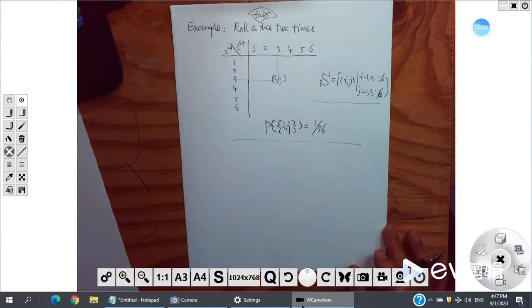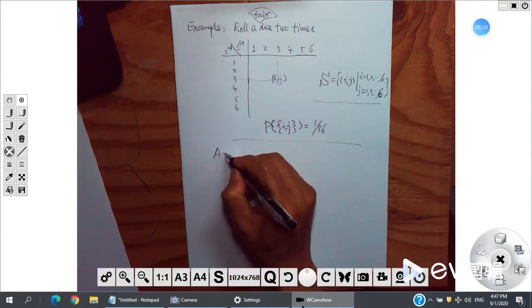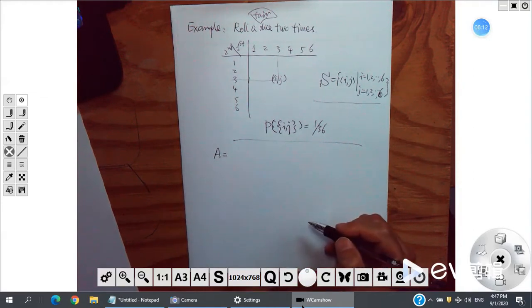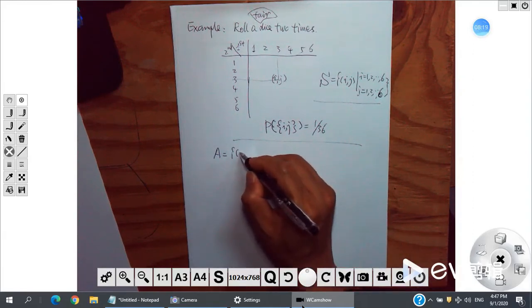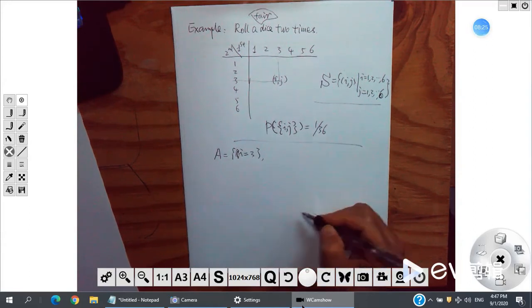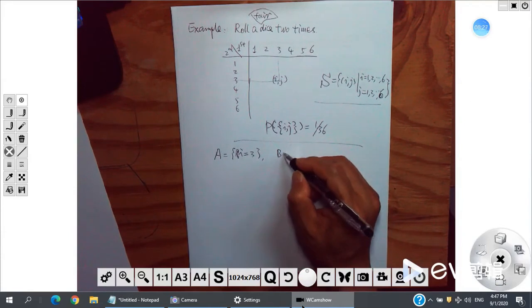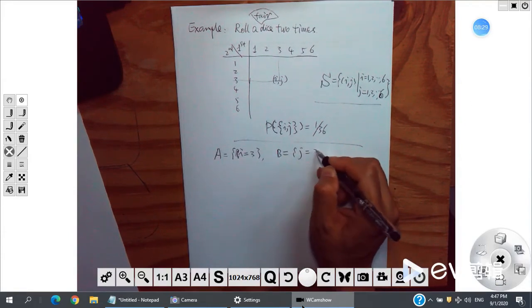And I choose two events, one is A, one is B. Anyway, suppose A equals i equals 3, and B is j equals 3.